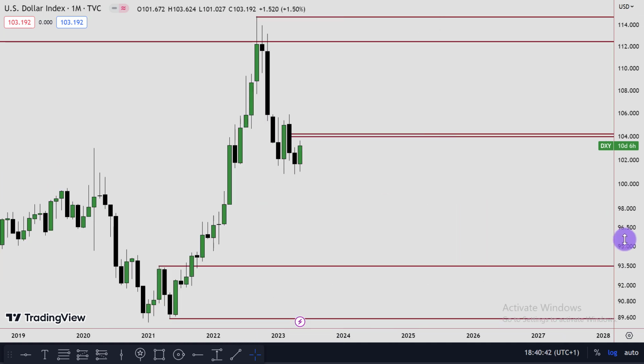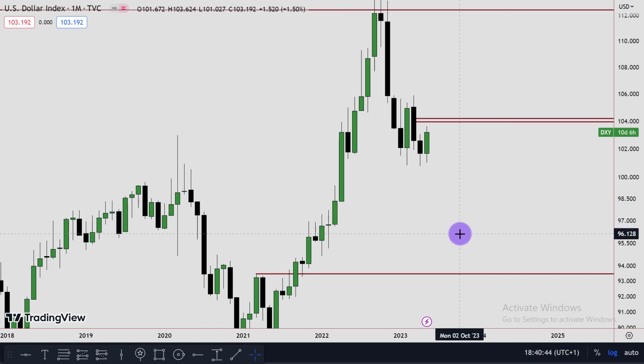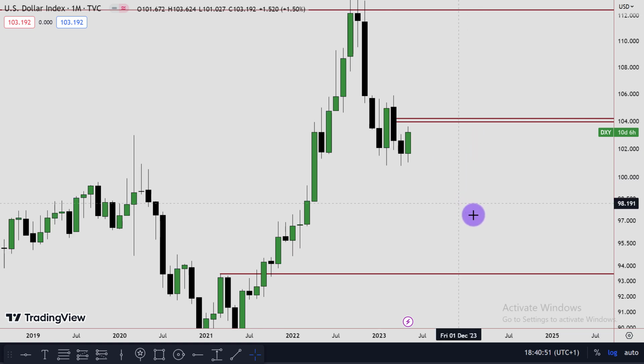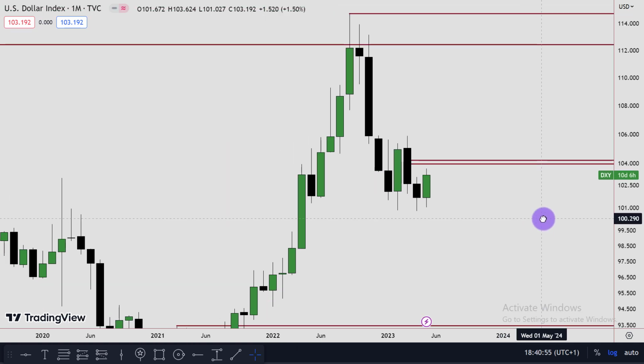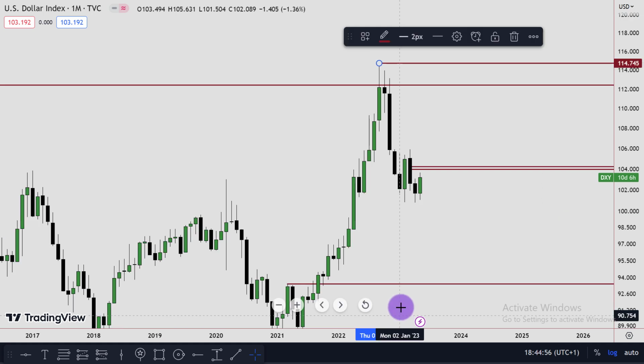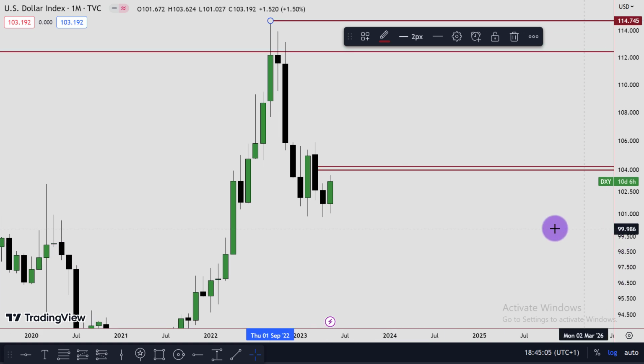But before that happens, we may want to see institutions reprice the dollar a little bit bullish, and this is in confluence with the current seasonal tendency of the dollar, which is bullish. So the current seasonal tendency of the dollar is bullish, so we still expect to see a bit of bullish repricing on the dollar index.